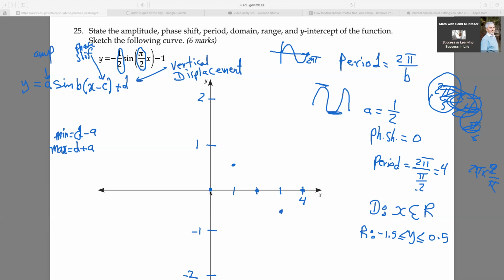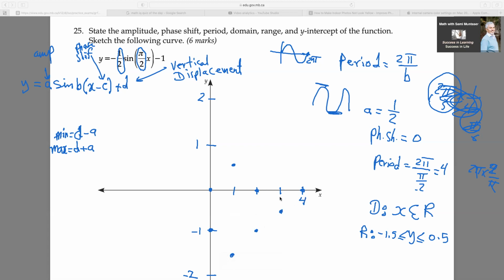And then it's supposed to go down 1. So that point goes right here. This one here reflects over the x-axis, and then it goes down 1. So right there. This point doesn't reflect, and then it goes down 1. So right there. This point here reflects over the x-axis, so it goes right there, and then it comes down.